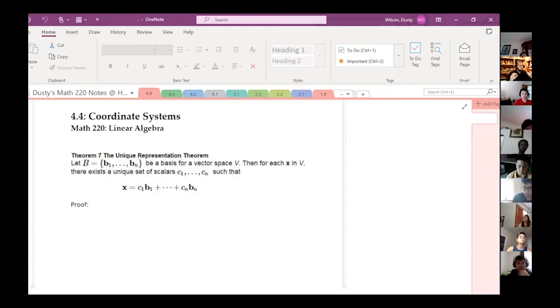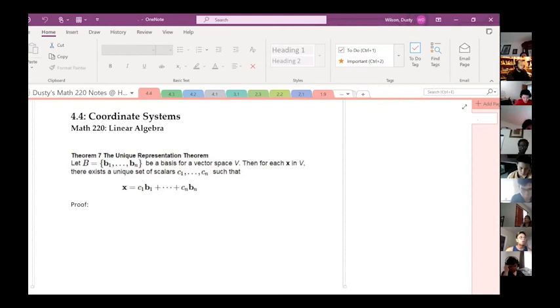I'm seeing some nodding. And that concept again gets at this idea of a coordinate system, but now we're no longer in the coordinates in the usual sense. We're in coordinates where the coordinates are functions, not just vectors. So that's kind of some background stuff before we dive in.